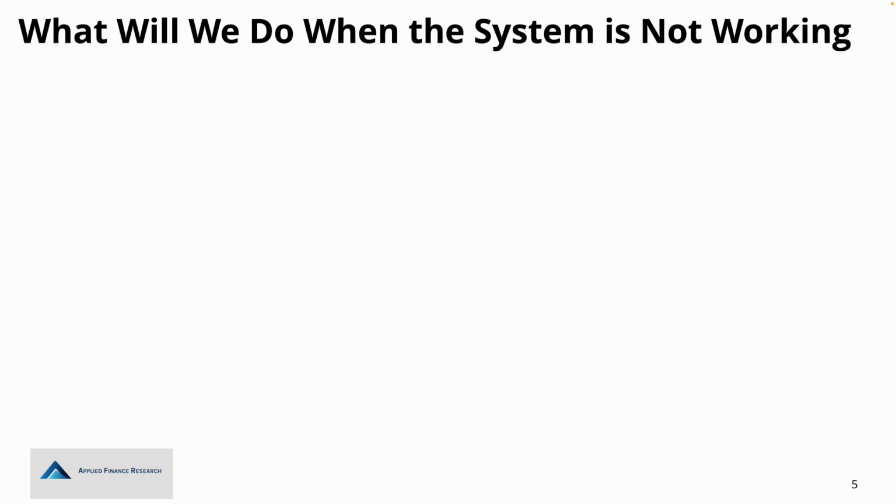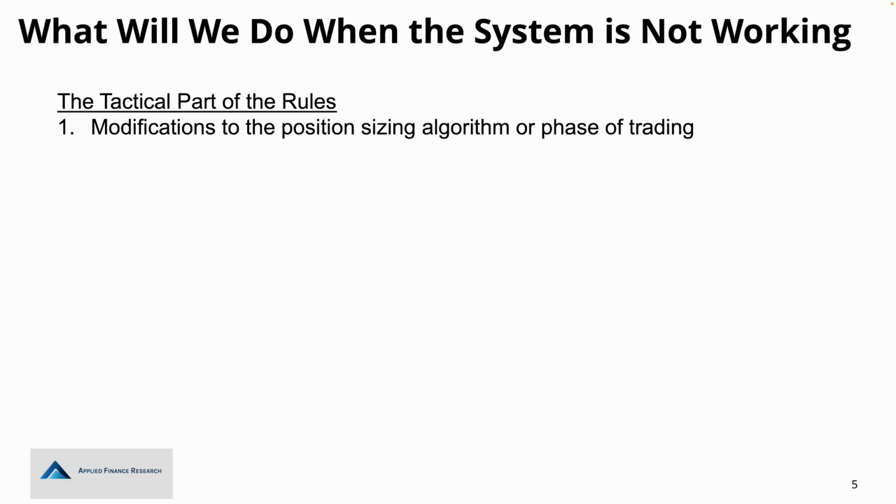So now let's take a look at what will we do when the system is not working. Let's take a look at the tactical part of the rules for this. Again, without getting too much into the weeds on the details for a specific system, the first part of the rules has to do with making modifications to the position sizing algorithm or the phase of trading. When I say phase of trading, in my system research and development protocol, there are 4 phases.